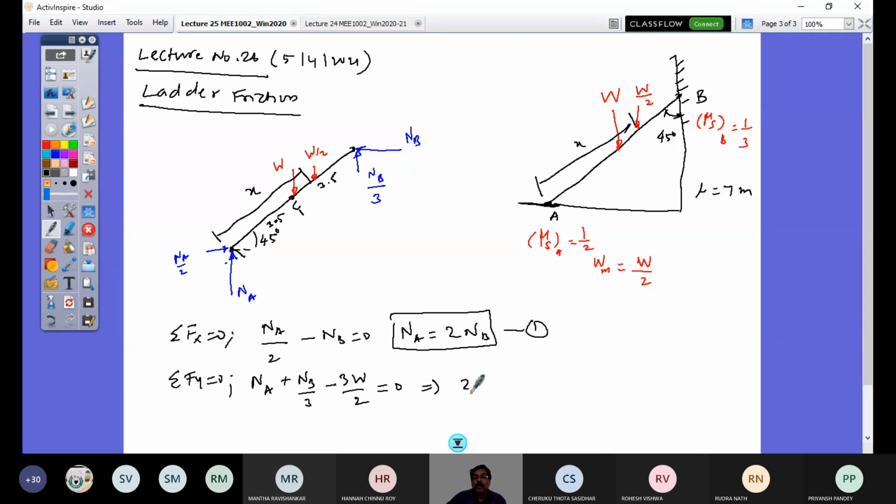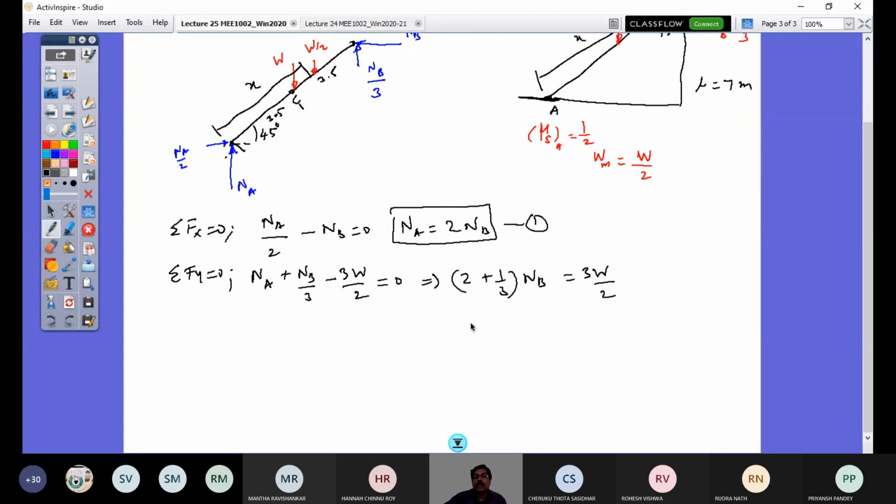So this is 2 plus 1 by 3 NB equals 3W by 2. So this is now 7 by 3 NB, that's equal to 3W by 2. So NB equals 9 by 14 W. In terms of weight of the ladder, I have now what is the normal at the point of contact of ladder at the wall.